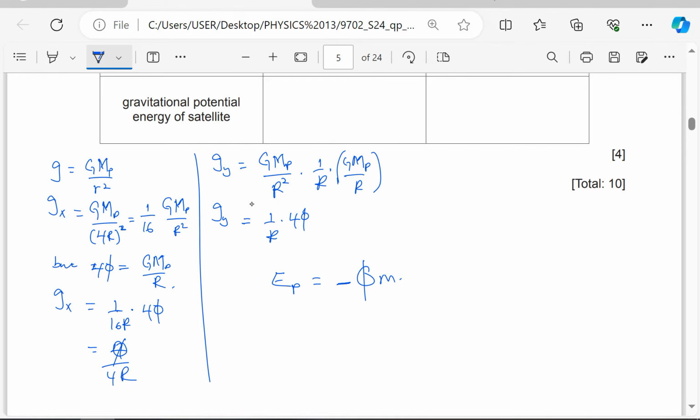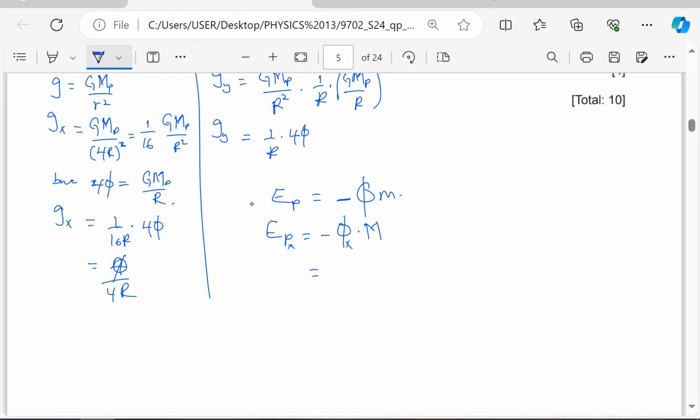So let's consider X. The gravitational potential energy at X is going to be the gravitational potential at X times the mass of X, which is capital M. Since the gravitational potential was given as negative phi, then times the mass capital M, our gravitational potential energy at X is negative phi times M.